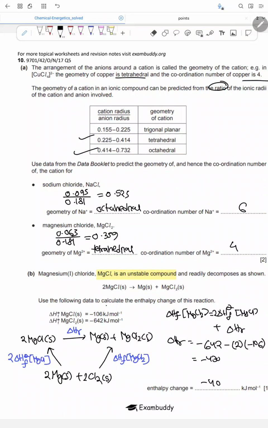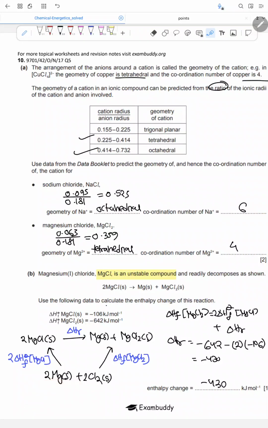Now there's a shortcut. If you have seen my 2026 solved paper, you will see that there's a huge shortcut: if formation enthalpies are given, we simply write the enthalpy changes of products minus reactants for formations.